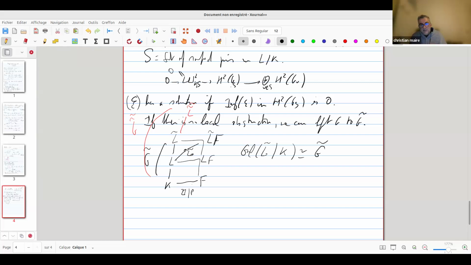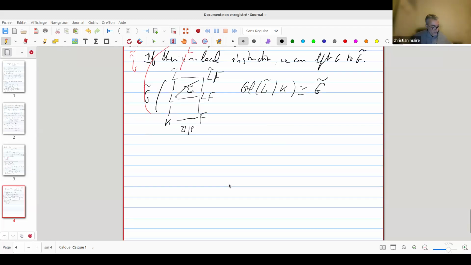And the hope is that maybe you have infinitely many new solutions, of course, but maybe in the set of these solutions, you can have a solution such that locally there is no obstruction to lift again your extension G tilde to G tilde tilde. This is the idea.